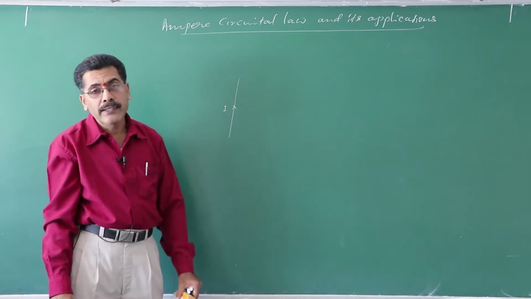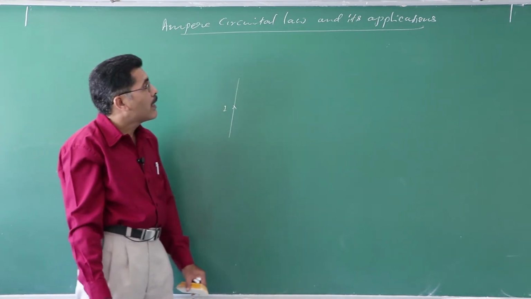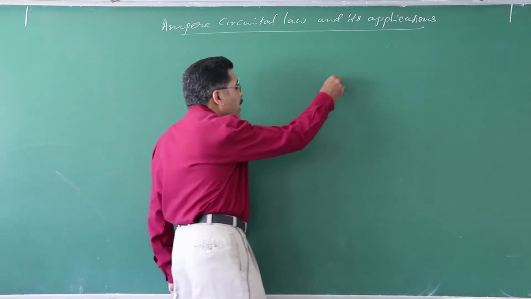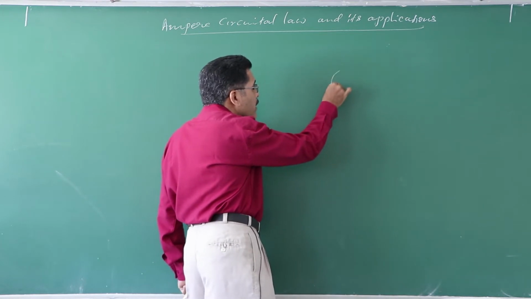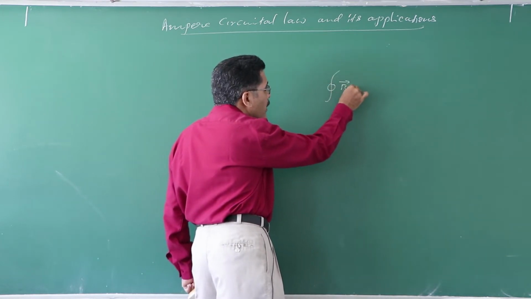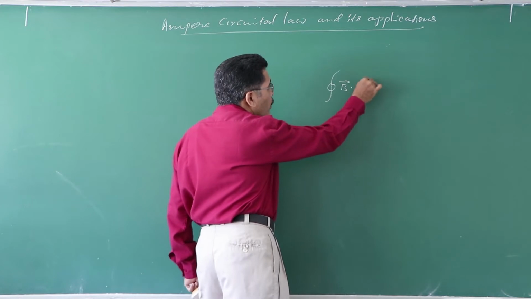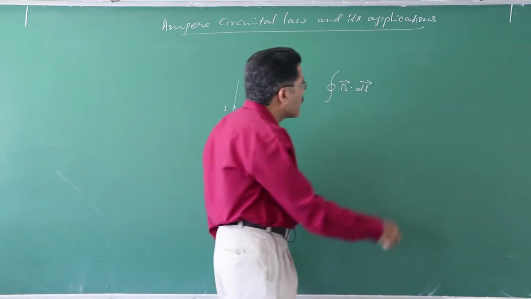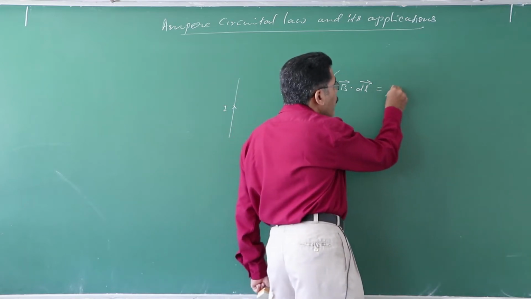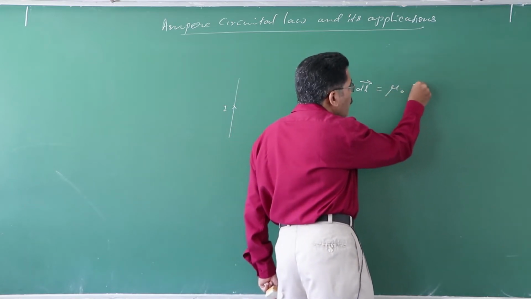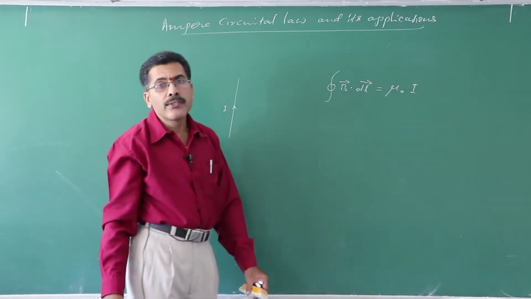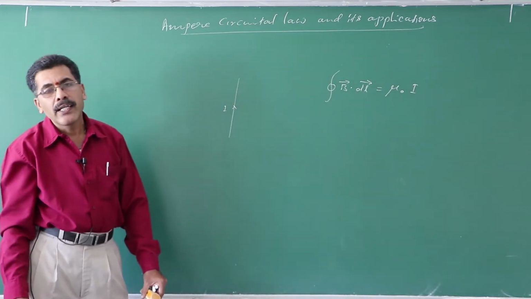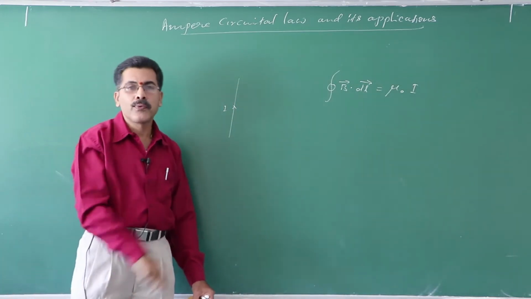Ampere's circuital law says that the line integral of magnetic field around a closed path in free space is equal to mu naught times the total current passing through any surface enclosed by the closed loop.